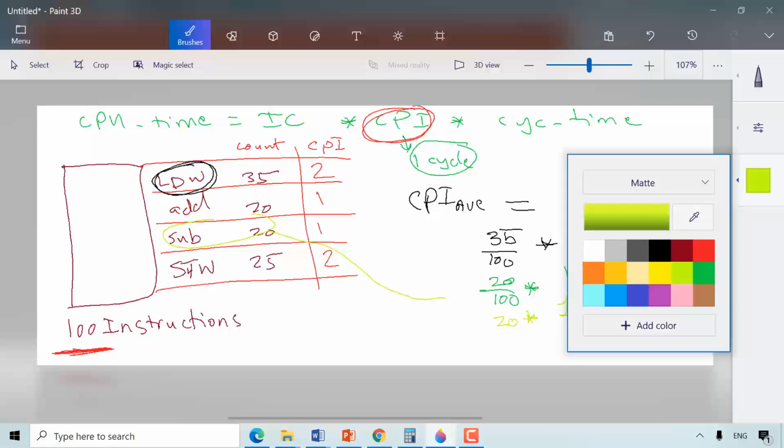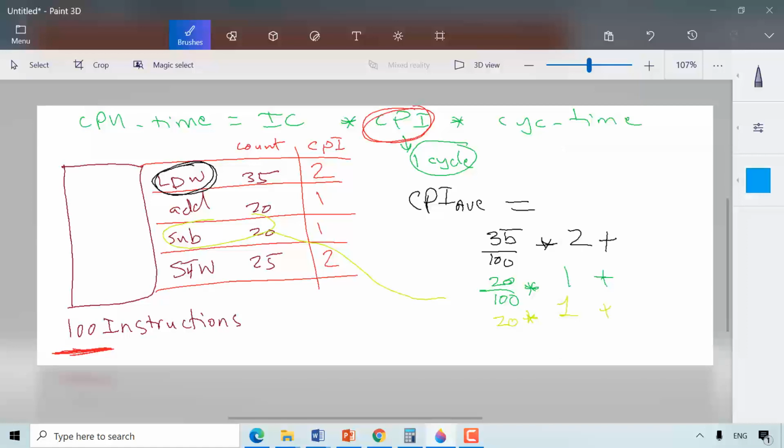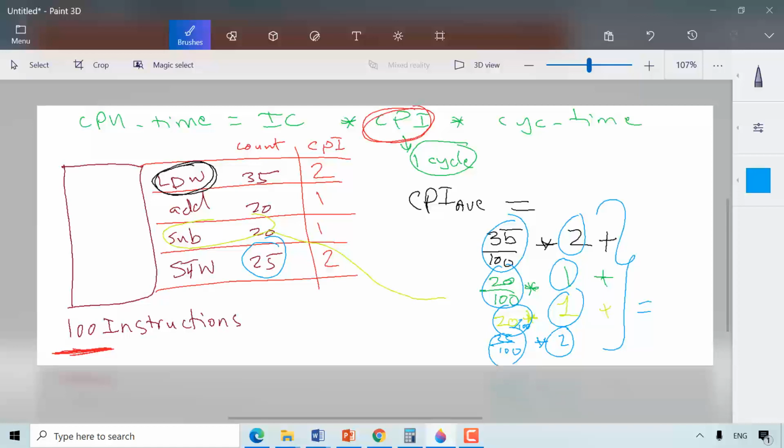And then out of the 100, I have 25 stores, and they are 2 cycles. This is all divided by 100. Notice what I'm doing? I'm averaging. I'm multiplying each CPI by the ratio of that instruction. Add all of this together and it comes to 1.6. So this is the average CPI, which I can use in my formula up here.